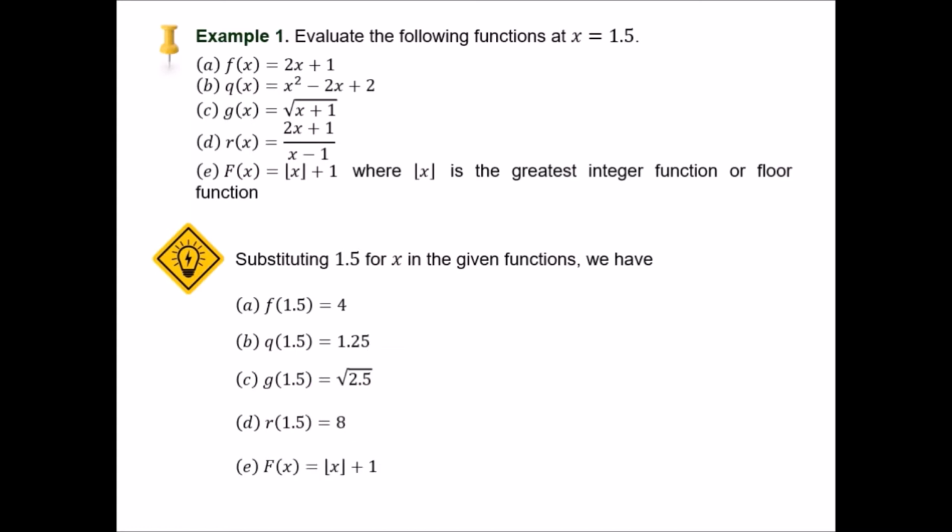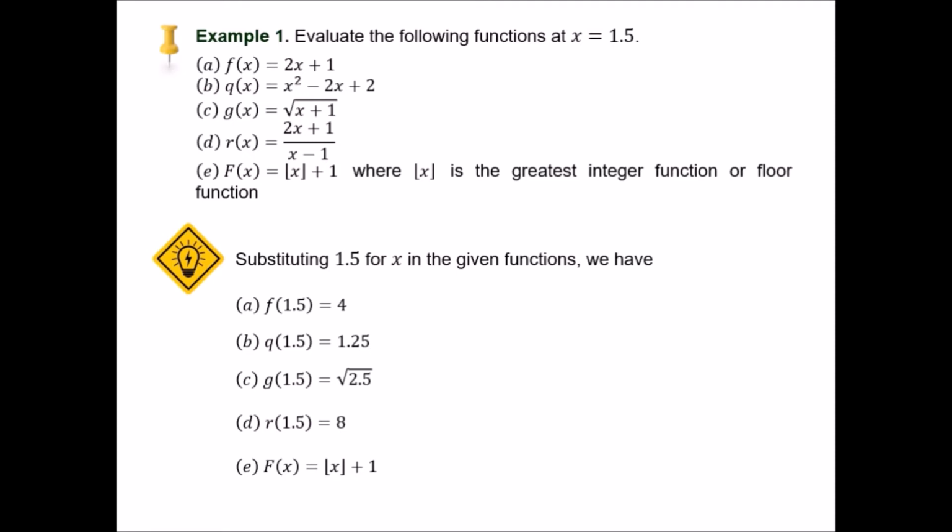Finally, letter E, f of x is equal to the floor function of x plus 1. Recall that the floor function of x generates an output for every input x equal to the greatest integer that is either equal or less than the value of x.